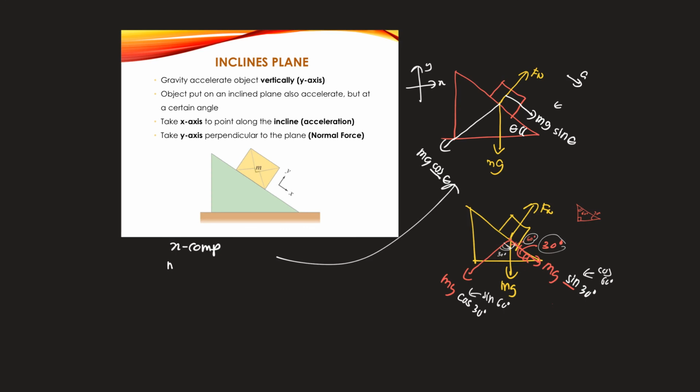So you are going to get mg sine theta equals ma. That's the x component, and the y component is going to be fn minus mg cos theta equals 0, because it doesn't move upward. Separate that into the components.